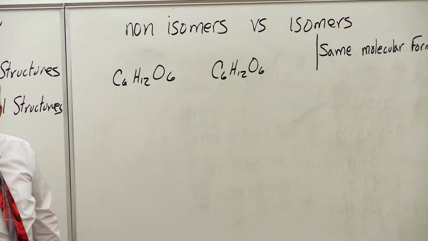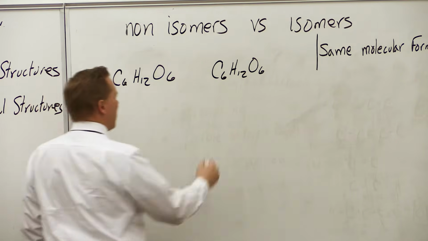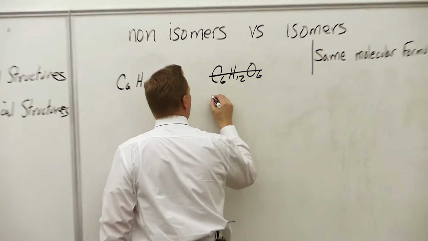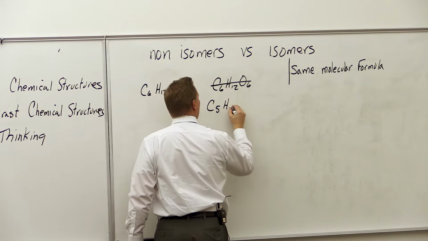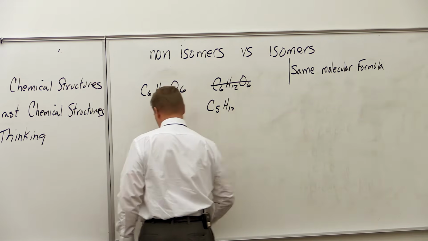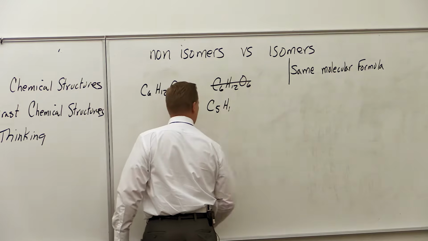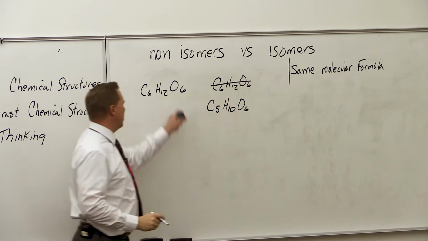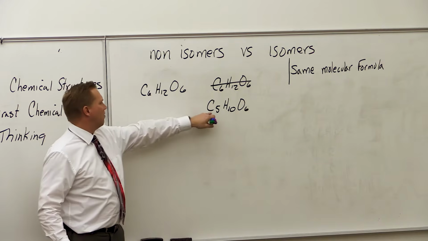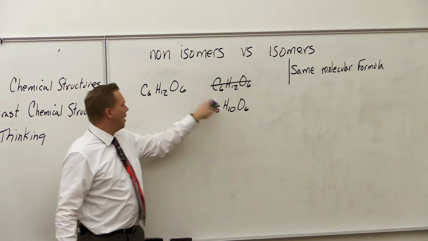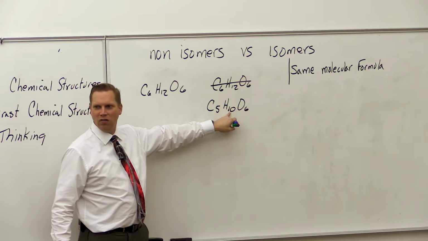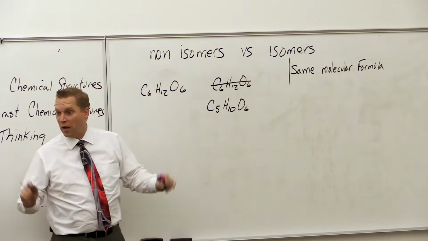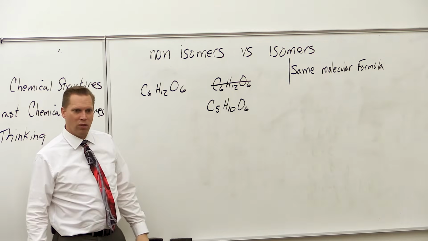They're isomers of some type. If I said, well, one of them is C5H10O6, then you could look at these two and say, oh, they have different numbers of carbon, they have different numbers of hydrogen, so those two are not isomers. They have a different molecular formula.